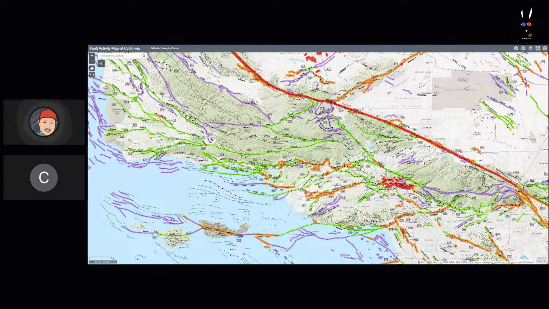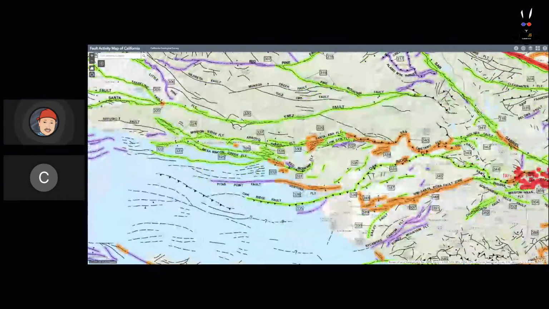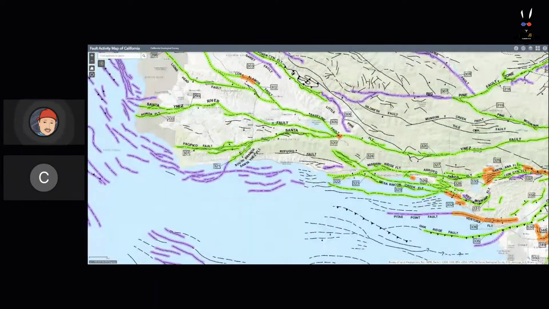This is the area that we're going to be talking about tonight. Here is the Santa Ynez fault right through here, and it splays off into three major sections in the west.